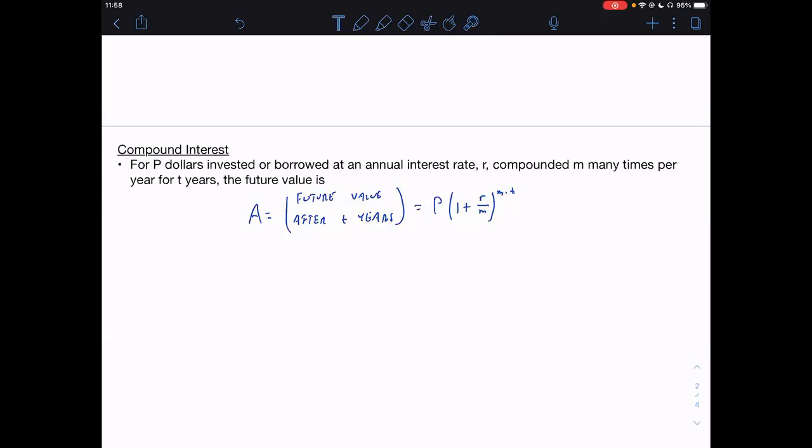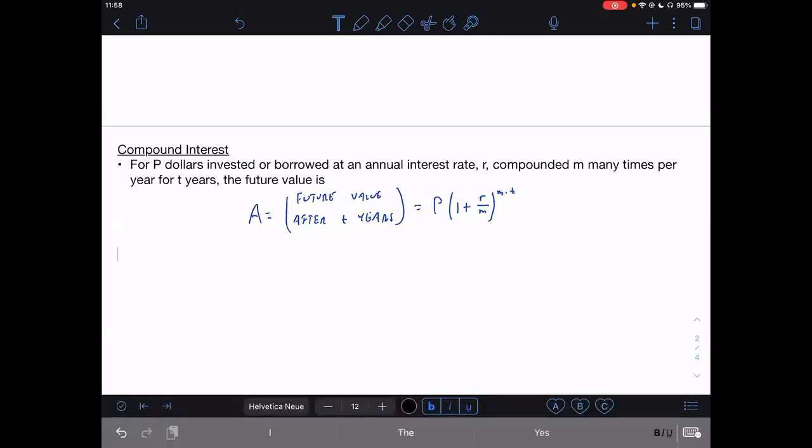Okay, so before we continue, let me define these variables that we need to know here. P represents the initial investment, also known as the principal amount or present value, how much we're starting off with. Little r represents the annual, keyword being annual, interest rate.